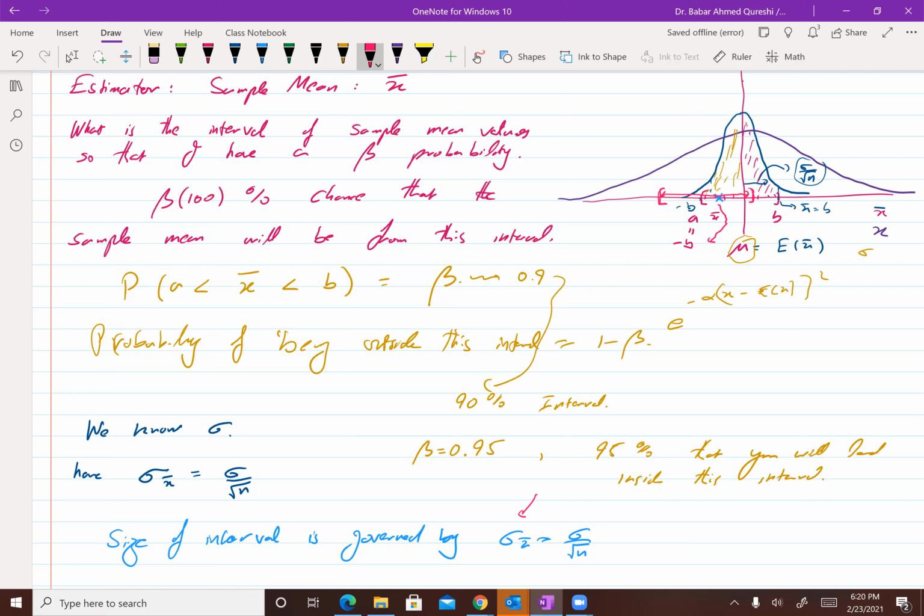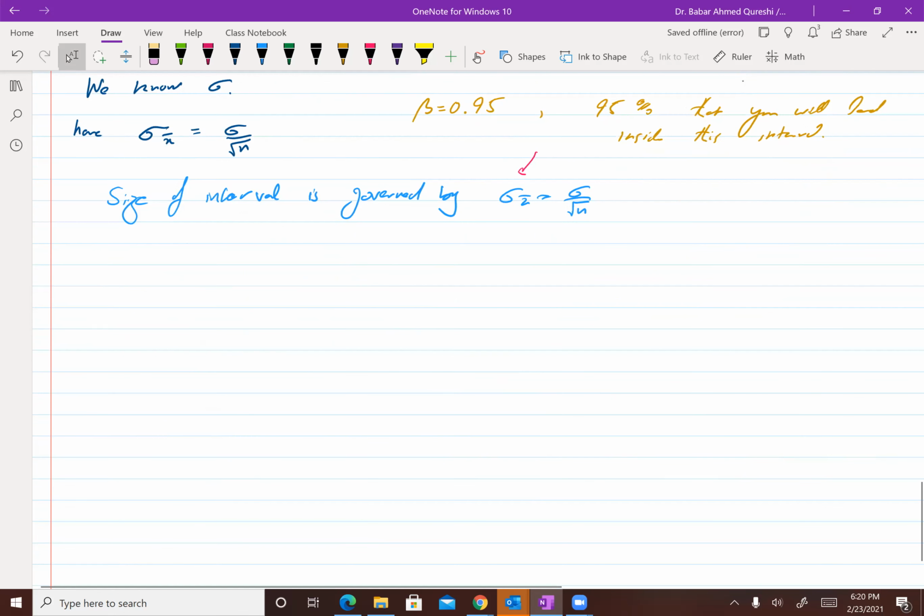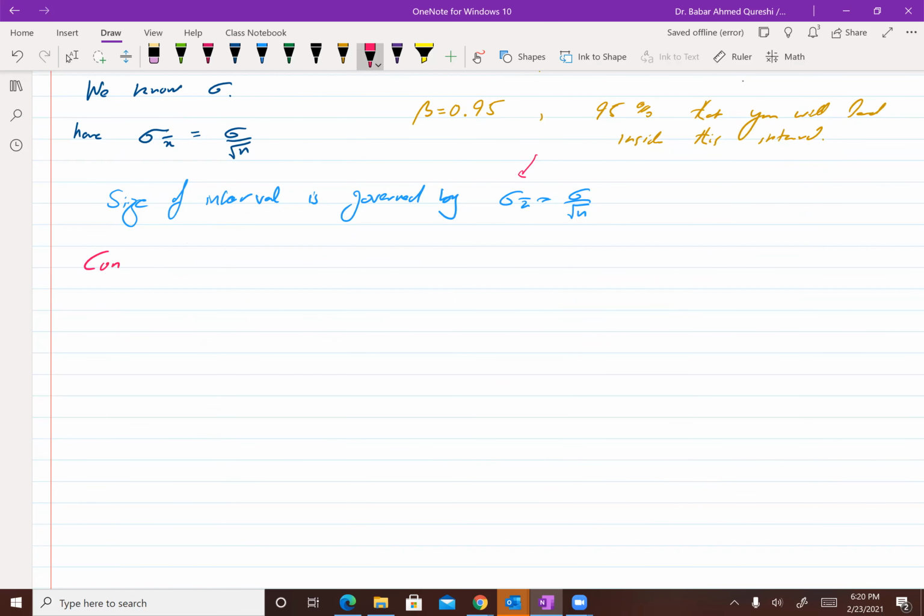If I lie outside it, because it's symmetrically distributed, if I lie over here by chance, by that 5% chance, then if I compute the interval of the same size, the mean will not be included in my interval. So because of this property, I can talk about this confidence interval.